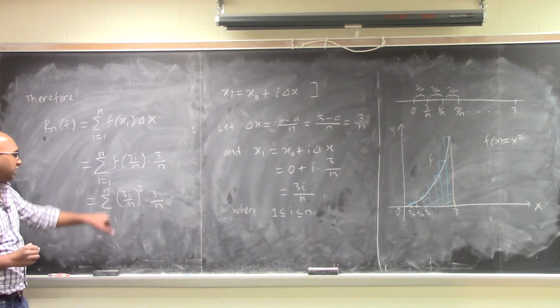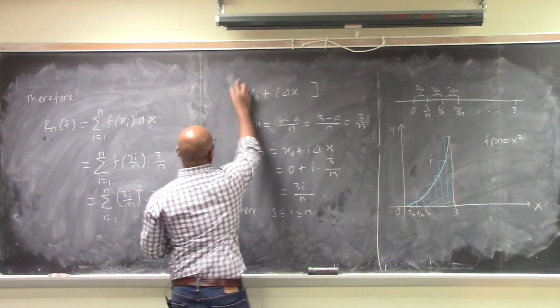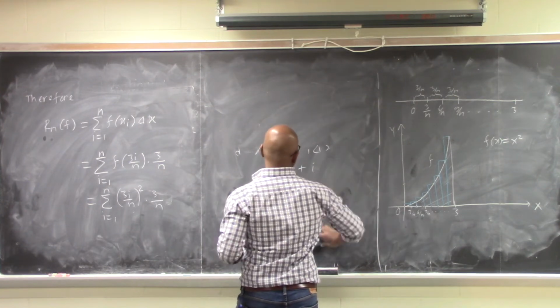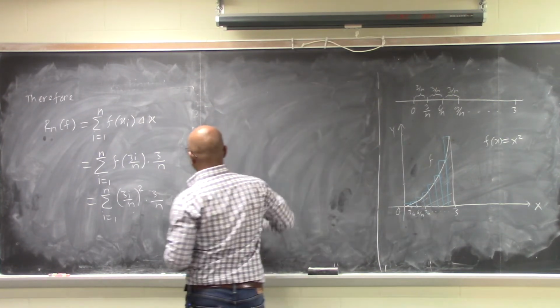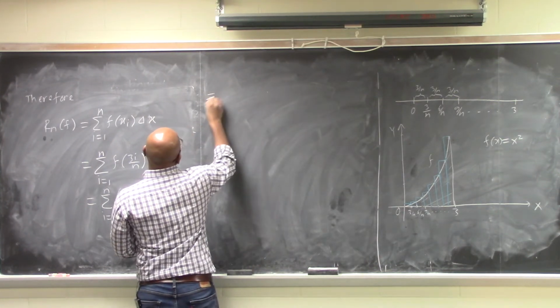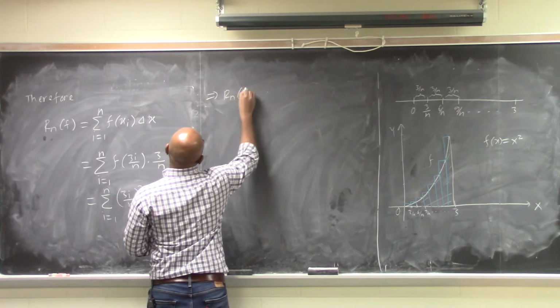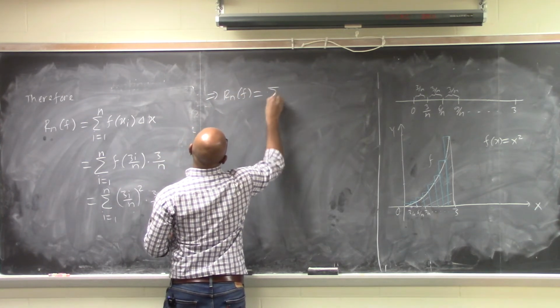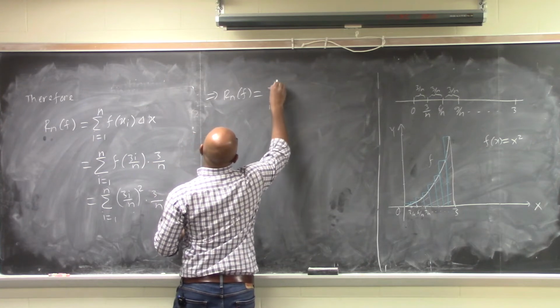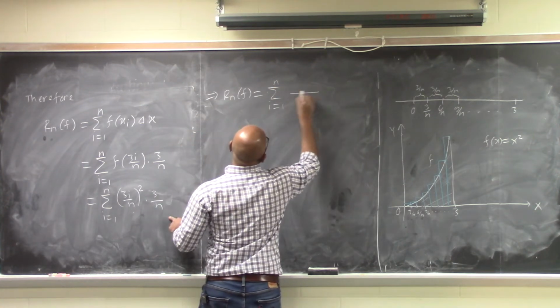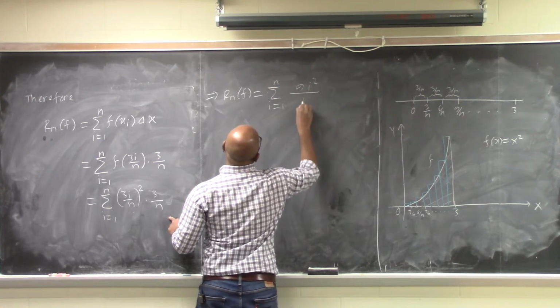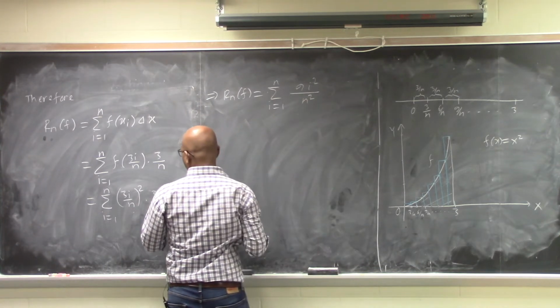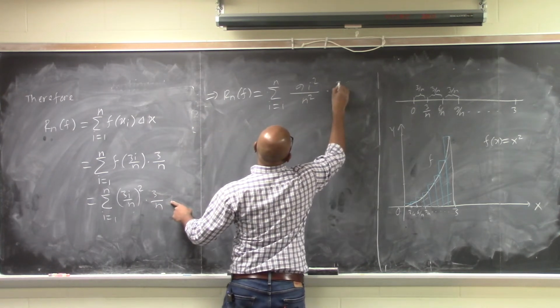Okay? Now 3i over n squared is just 9i squared over n squared, and here I have 3 over n.